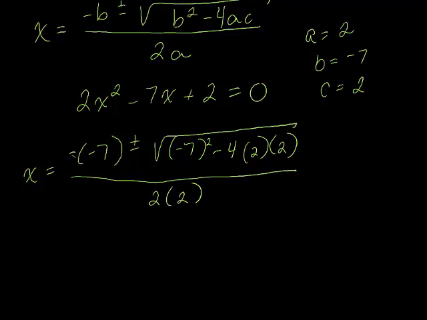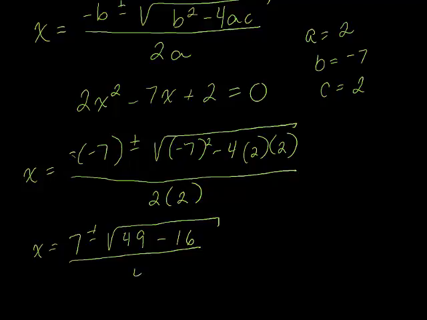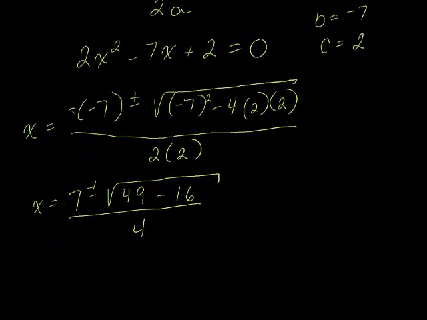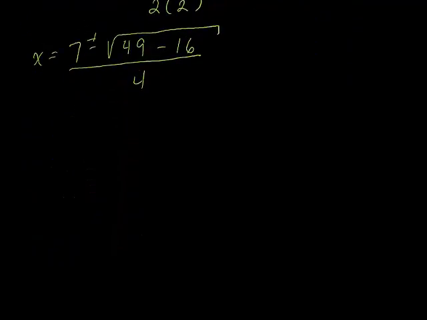So -7 becomes 7 plus or minus -7 squared is 49. 4 times 2 is 8 times 2 is 16, all over 4. The reason why this one, I'm just going to scroll down a little bit, is because the discriminant here, 49 minus 16, is not a perfect square, you cannot factor it.